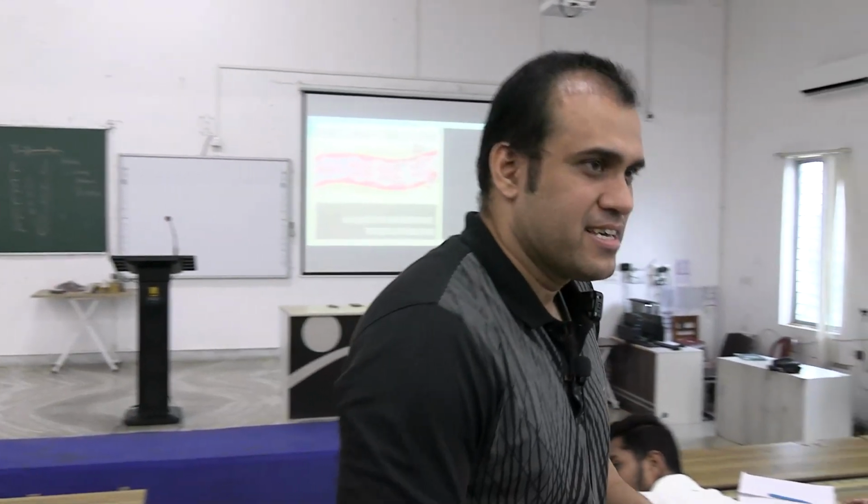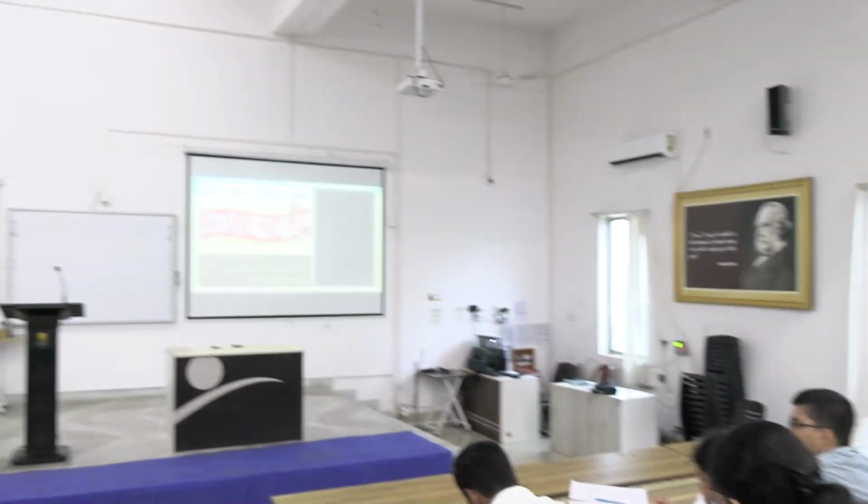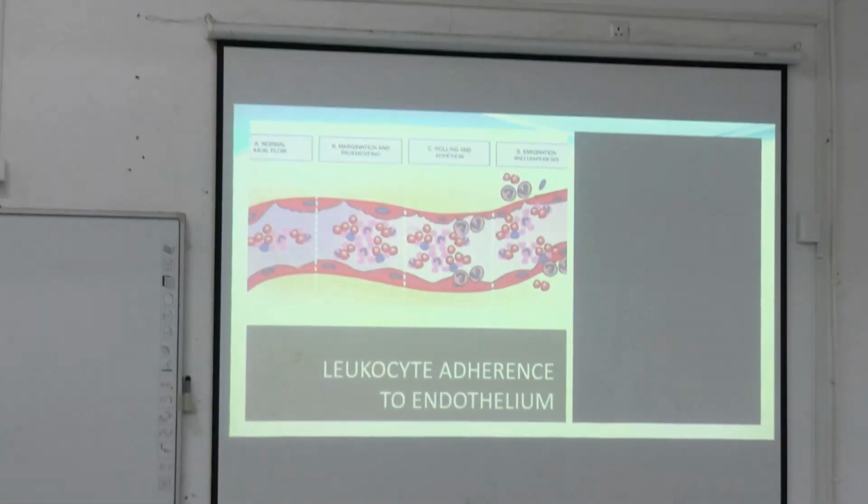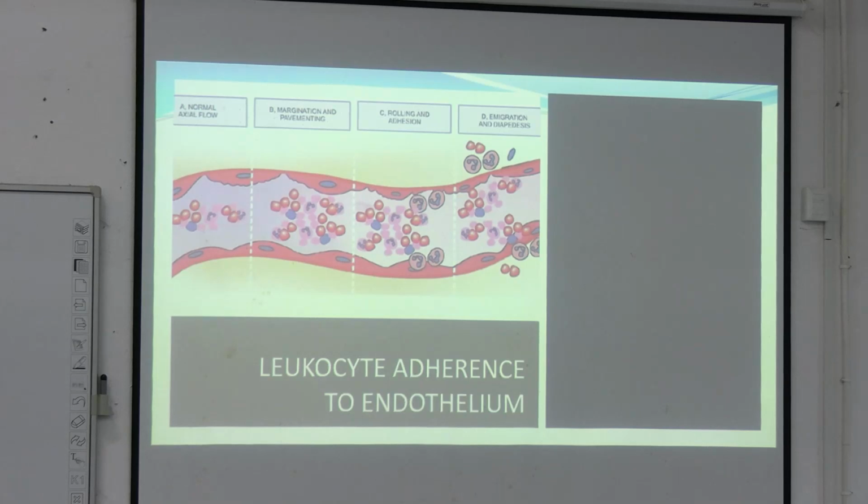And finally, before they exit the circulation, they must cross the endothelium. Losing attachment will not work. They must attach firmly to the endothelium as a prelude to exiting the circulation. And this firm attachment is mediated by another family of CAMs, complementary adhesion molecules, that is known as integrins.